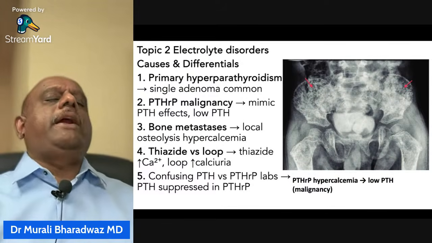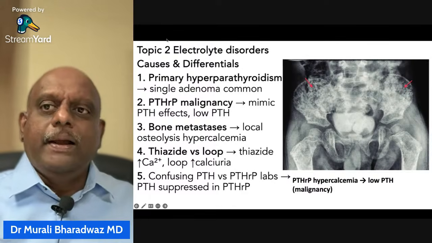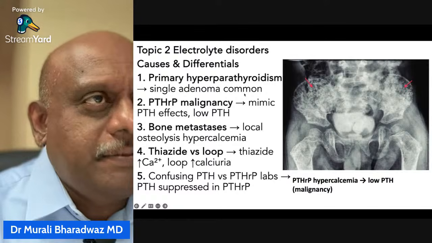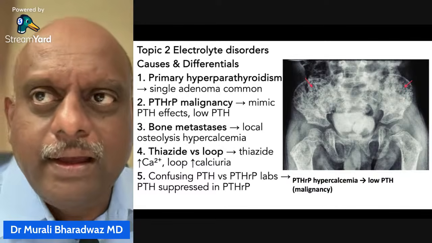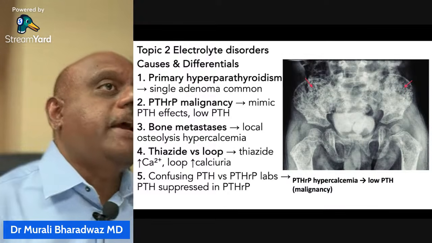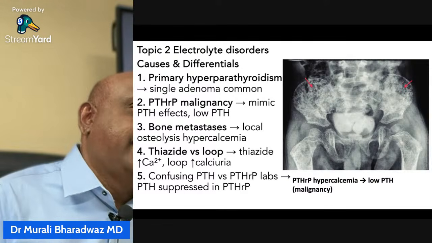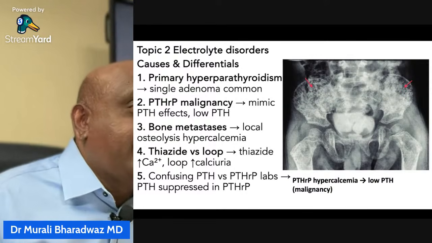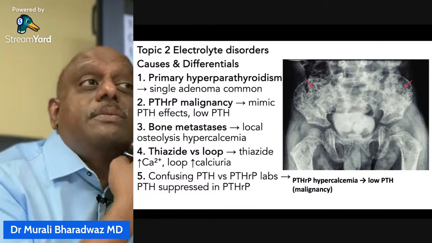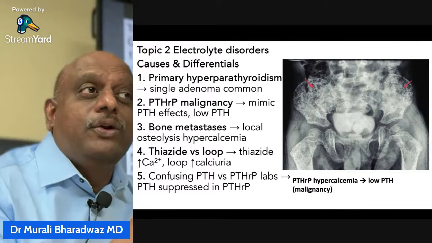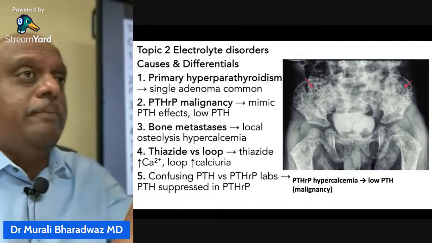Now, one of the favorite questions: how do you differentiate the different types of hyperparathyroidism? Primary hyperparathyroidism, what is it because of? Parathyroid adenoma. Whereas, what is secondary hyperparathyroidism? Whenever you have renal failure, you are not producing vitamin D, that decreases the calcium level, and that low calcium stimulates the parathyroid to produce more, and that increased parathormone will go to the bones.